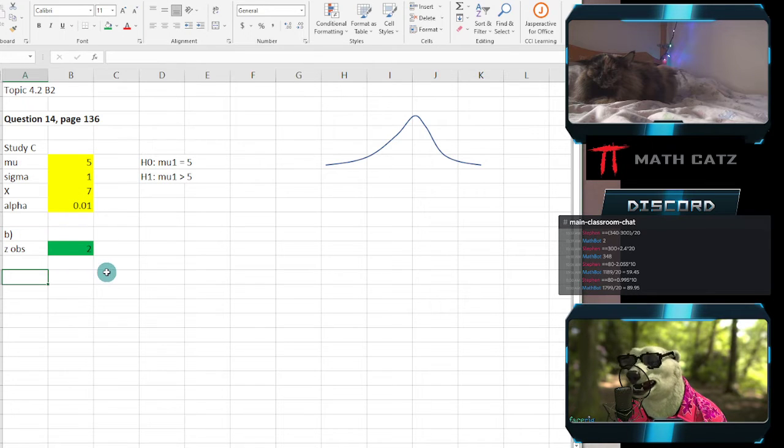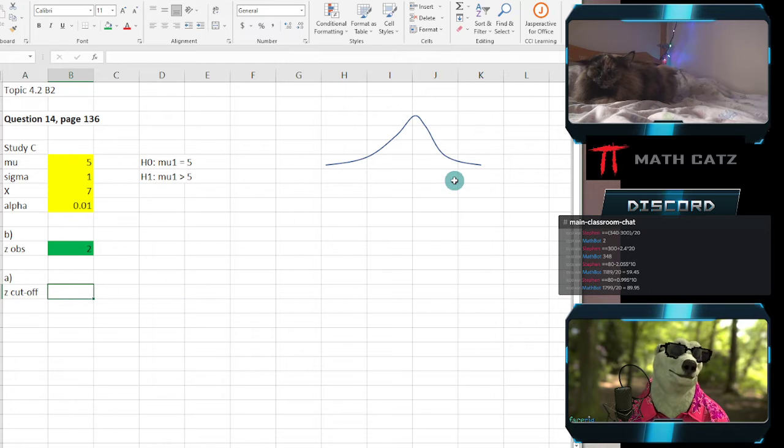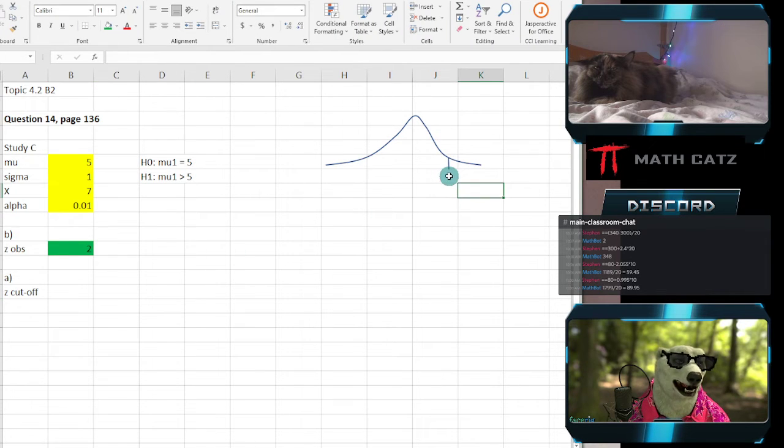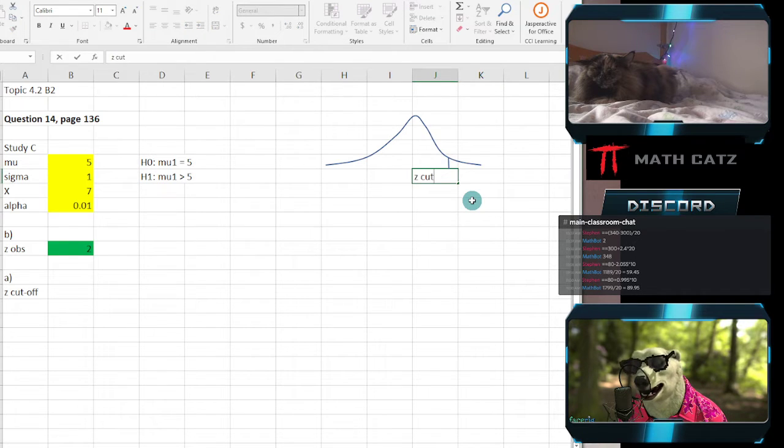It's right there. Now we want to find, well, if alpha is 1%, what is our cutoff z-score? So we're on the high side here, so we're looking for a line. Let's put in a little line there. Why not? My drawings are so wonderful. Why stop now, right? So that'll be my z cutoff.